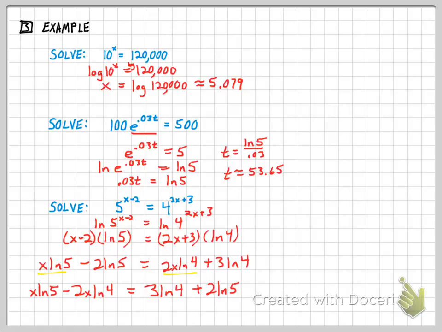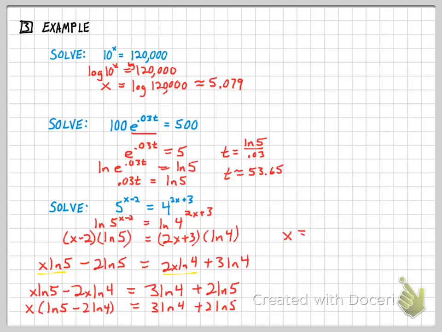I can factor over here, and I get log 5 minus 2 log 4, and the right side is going to stay the same. And then I'm actually just one step away because everything on the right is just a numerical value of some kind, and everything on the left is just x times another numerical value.